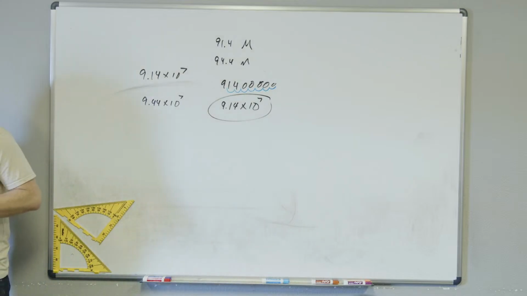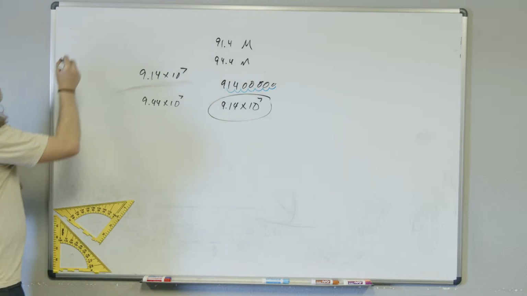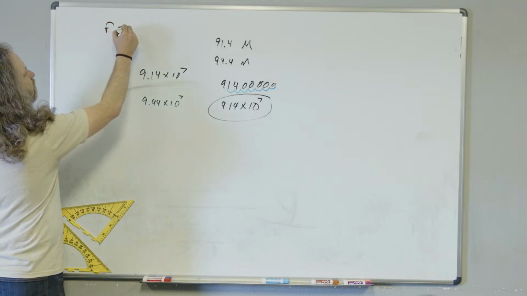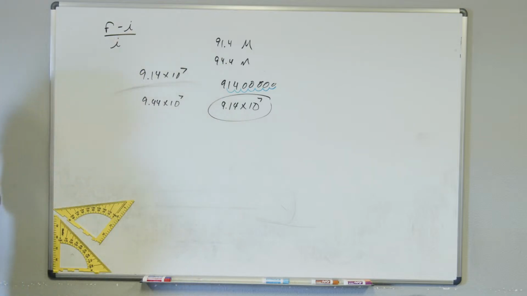For C, it tells you what is the percent increase in distance from January to July, round to the nearest tenth of a percent. It's been a while, but we've talked about how to find a percent increase. How do you do that? You subtract the final minus the initial and you divide it by the initial one.